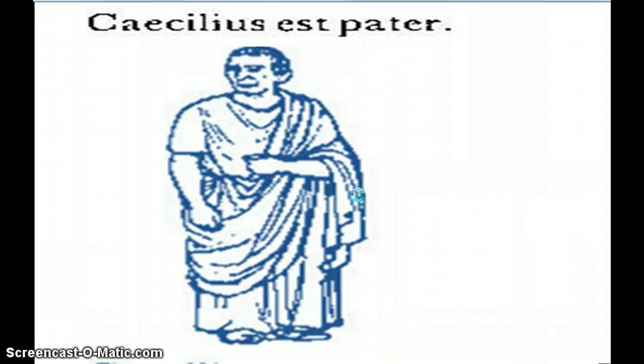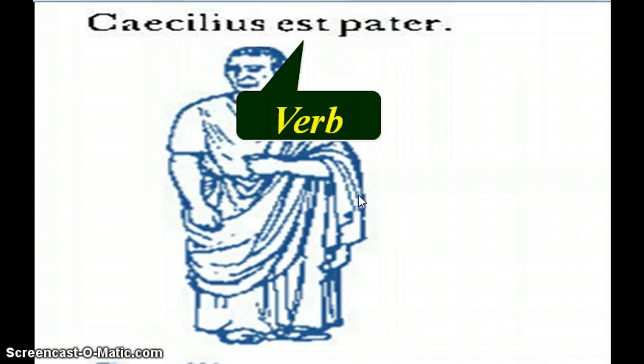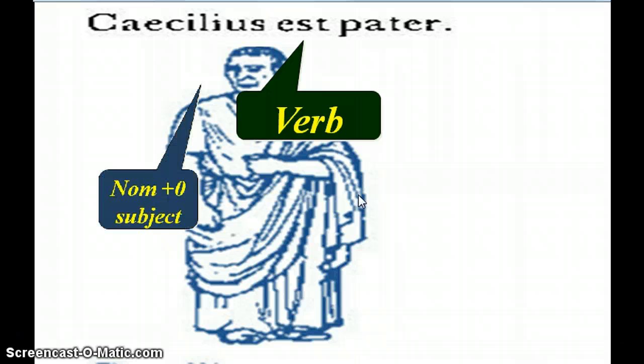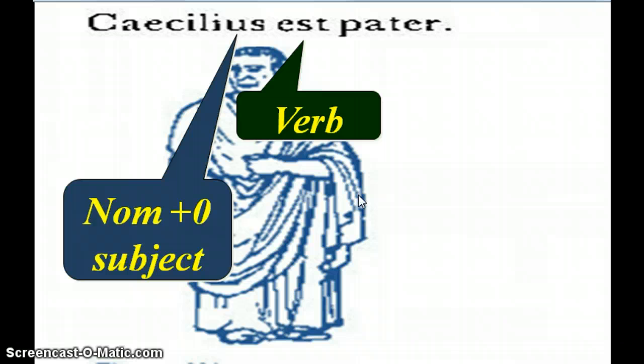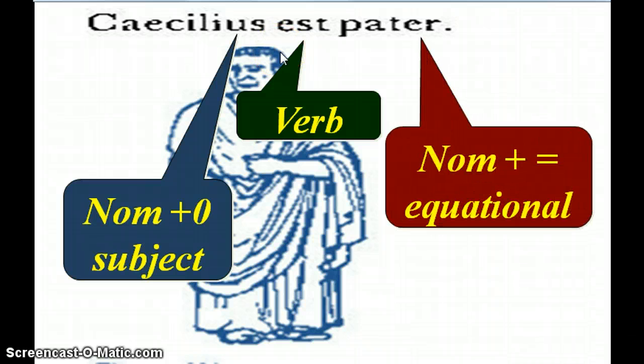So therefore, let's look for your verb first. Well, what's the verb, Reverend Greg? Well, they always end in t for this chapter. So there's your verb, is. Who is? Caecilius is. Why is Caecilius the subject? Because it's a second declension noun, and it's us, nominative. Pater, well, that's also nominative. It's a third declension noun. They can both be nominative, yes, because they fall in different families. Remember the penguin and the wings.